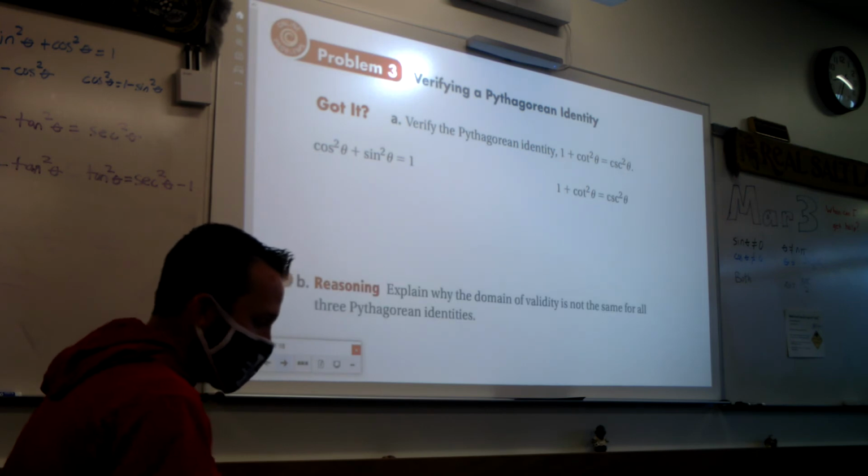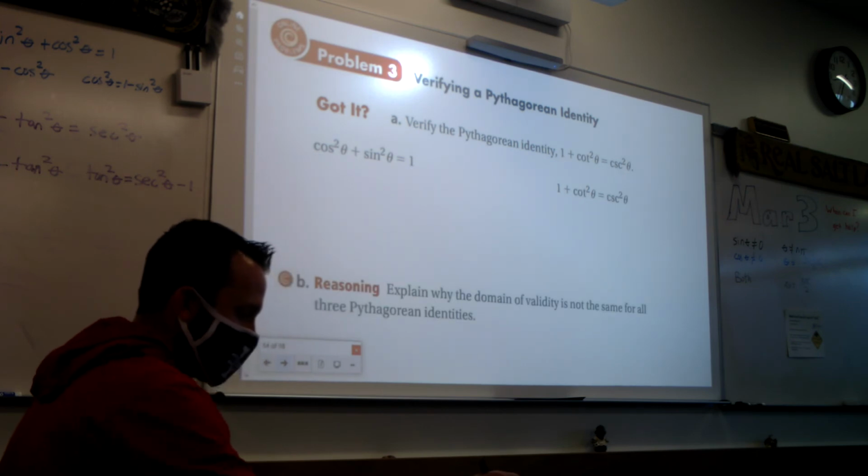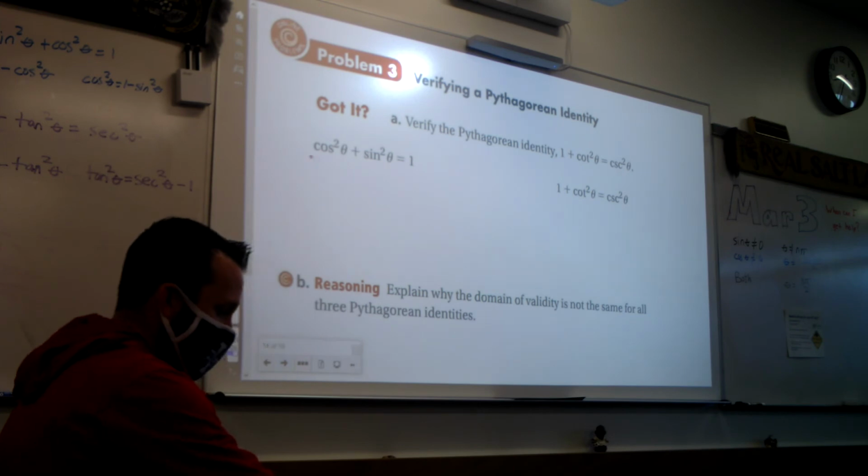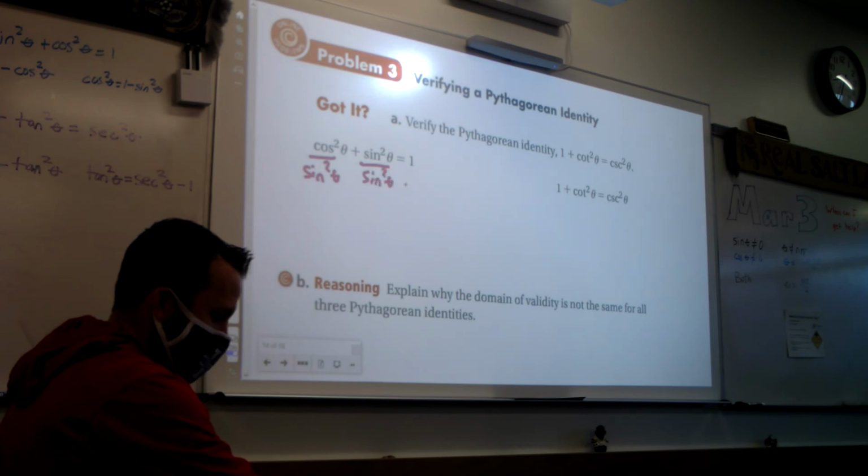Okay, we're going to do the same thing here, but now instead of dividing by cosine squared, I want you to divide by sine squared of theta. So let's take these guys right here. We're going to divide by sine squared of theta, because last time we divided by cosine, right?